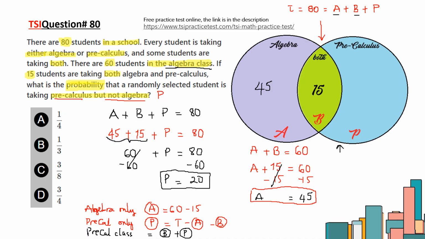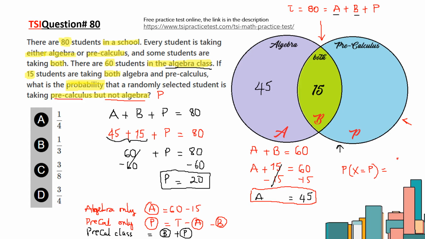Now go back to the probability. We have the probability of an event. That is the probability of students taking pre-calculus but not algebra.